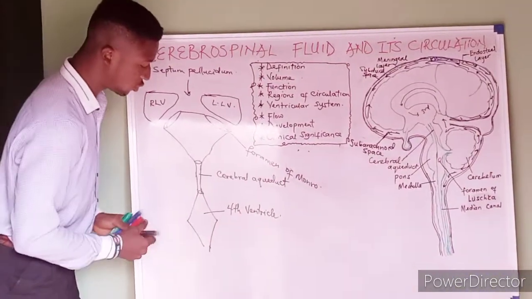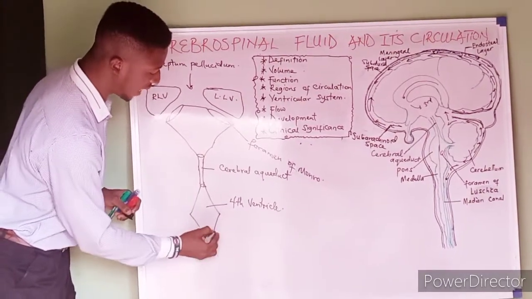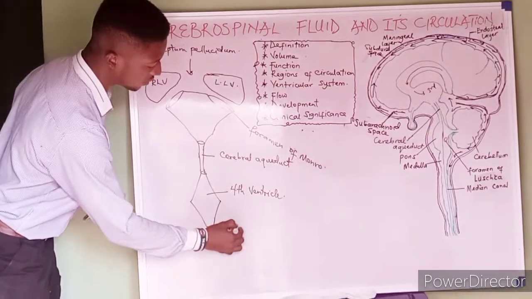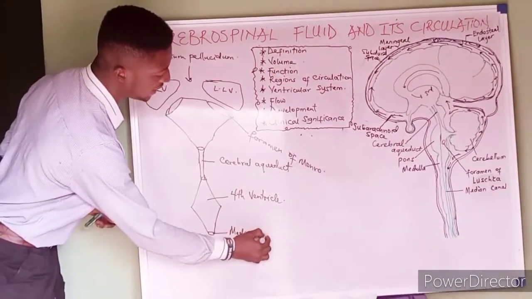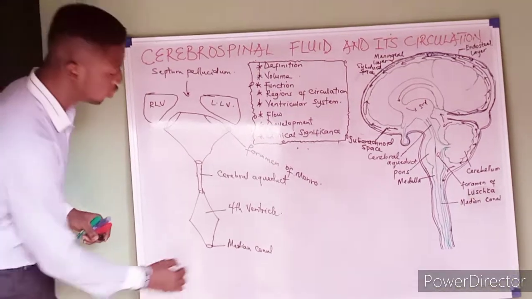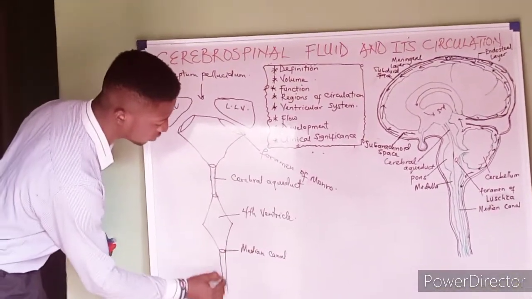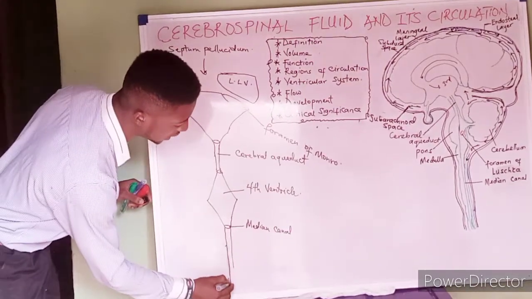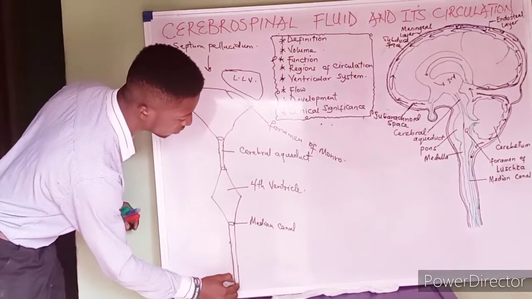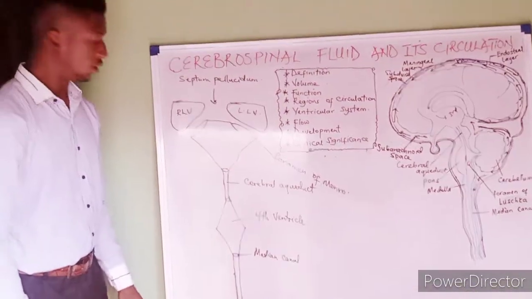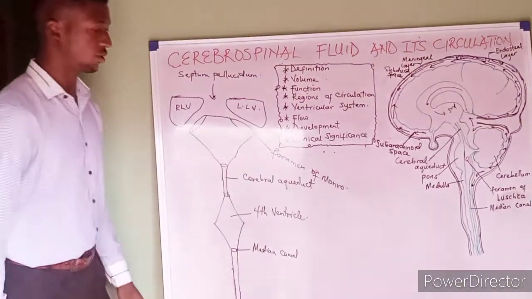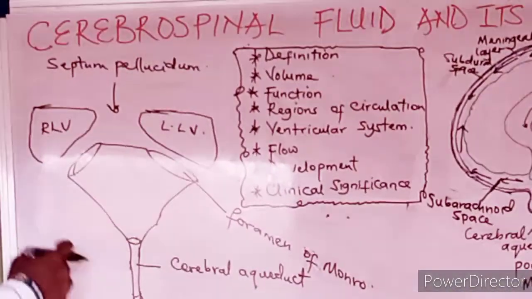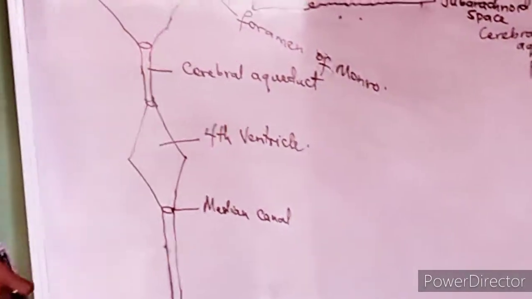Now this fourth ventricle then continues down through the medial canal, where it extends into the spinal cord. So this region is found in the spinal cord. These are the regions of circulation of the cerebrospinal fluid.